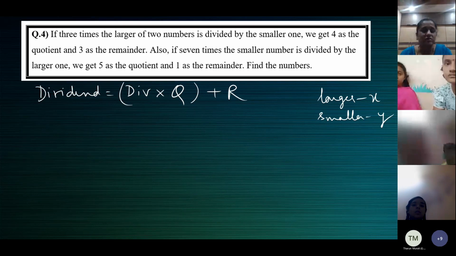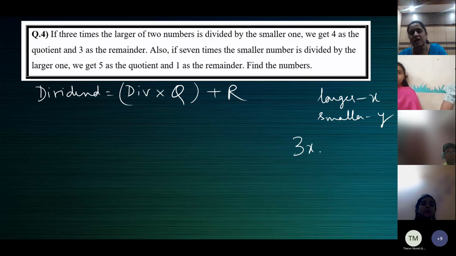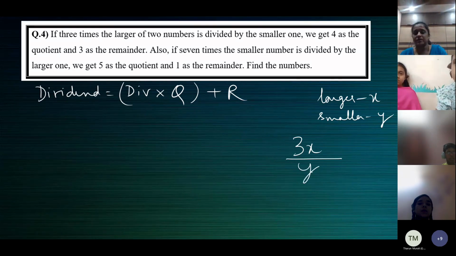Now, what is the information given? If 3 times the larger of the two numbers, 3x, is divided by the smaller one, y, we get 4 as the quotient, and the remainder is 3.